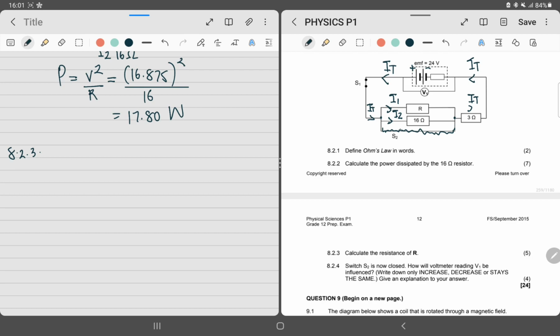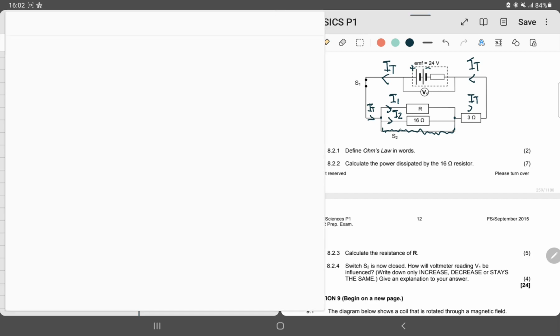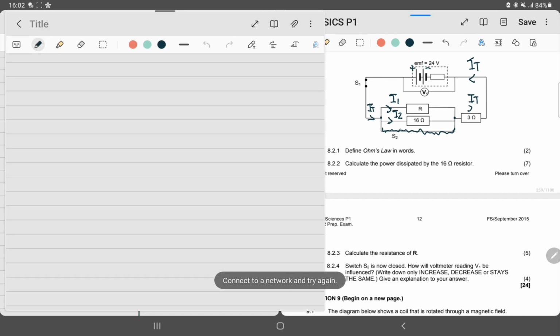8.2.3. Calculate the resistance of R. We will try two different options. That way, if we get the same answer, then our working would be correct.